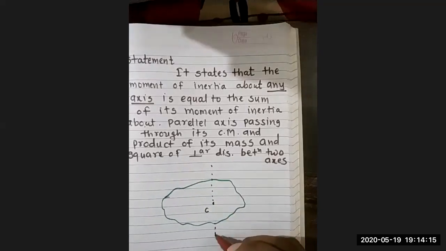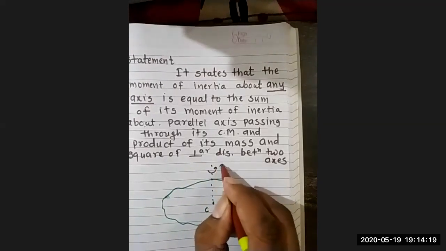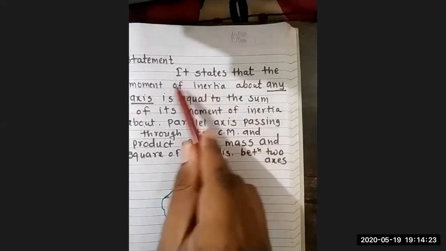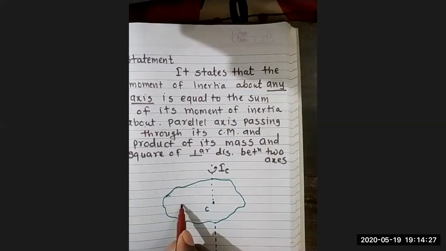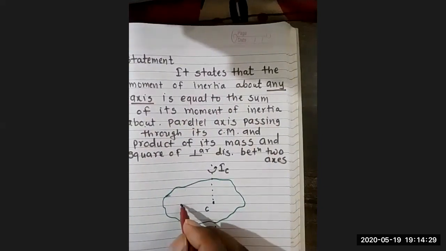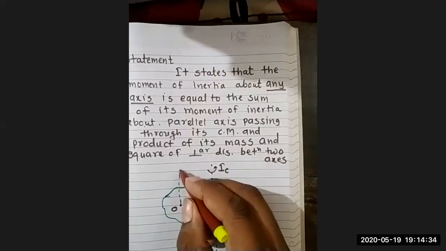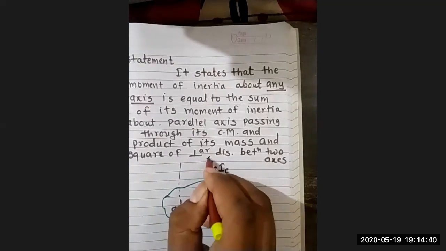The moment of inertia about this axis is nothing but IC. And we want to calculate the moment of inertia about any ordinary axis. Say there is an ordinary point O, and we pass the axis of rotation through this point. Say this is axis X, this is axis Y.